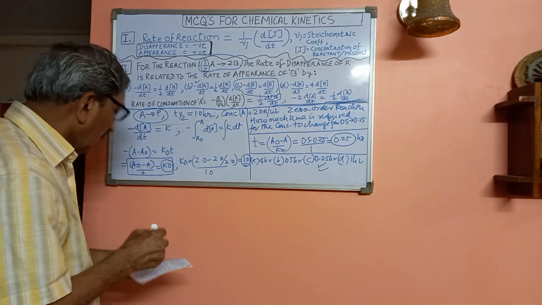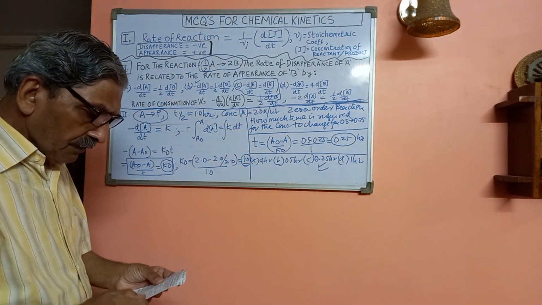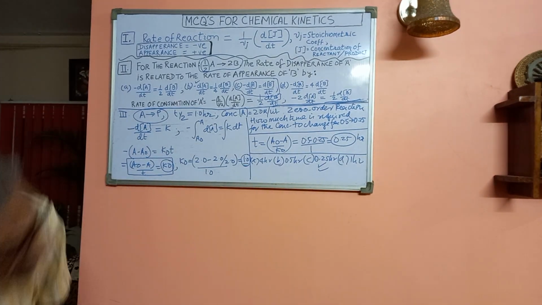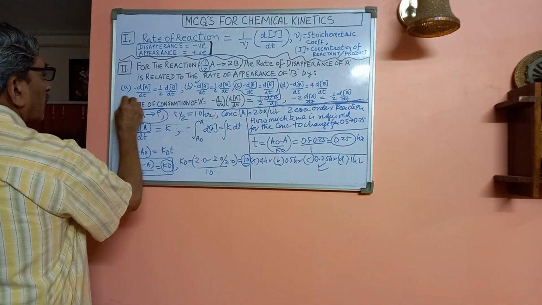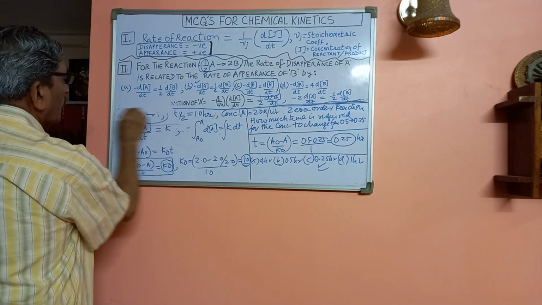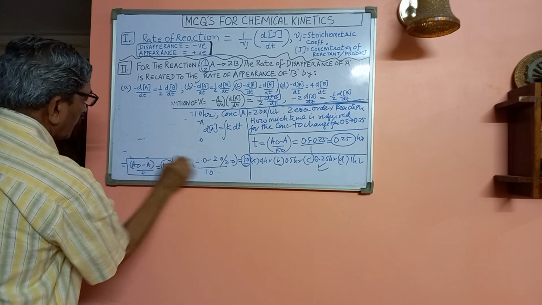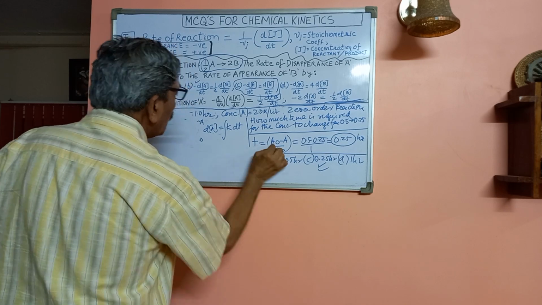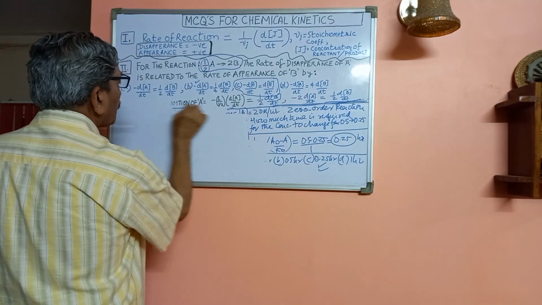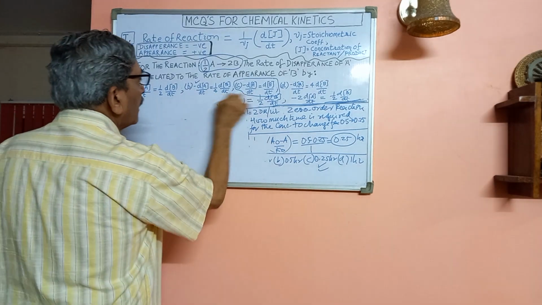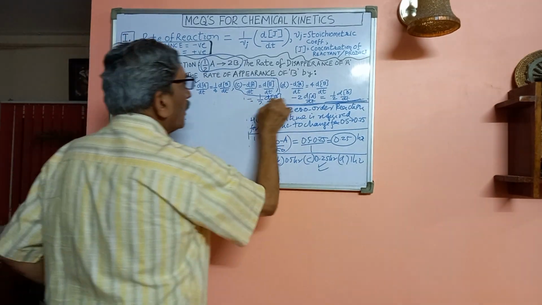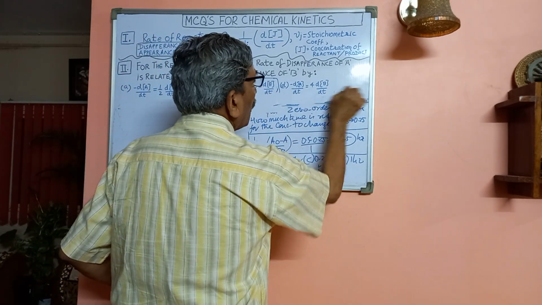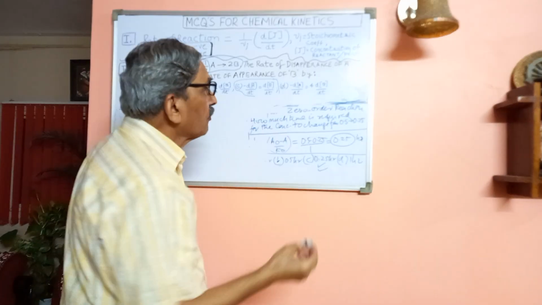Let's take up another example of a similar type, and in this particular case, let's rub this out once again. We again use the idea of t half, and besides that, in the earlier case we had a zero order reaction.